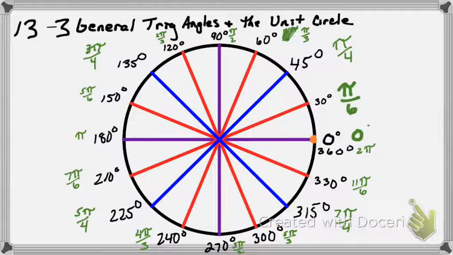If I was going to go out to the orange dot that way, is that the x coordinate or the y coordinate? X. And it's 1. So this point is 1, 0. Because it's a unit circle, that means it's 1 unit of a radius.